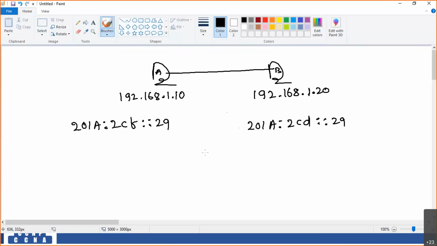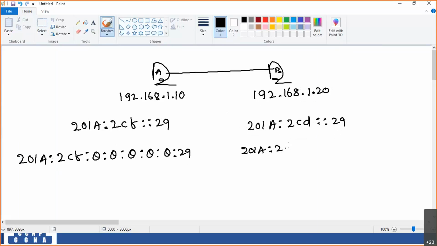First let me write these IPv6 addresses in 8-quartet format: 201A colon 2CF colon 0 colon 0 colon 0 colon 0 colon 0 colon 29, and 201A colon 2CD colon 0 colon 0 colon 0 colon 0 colon 0 colon 29.